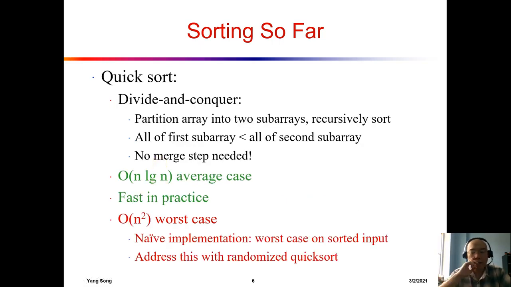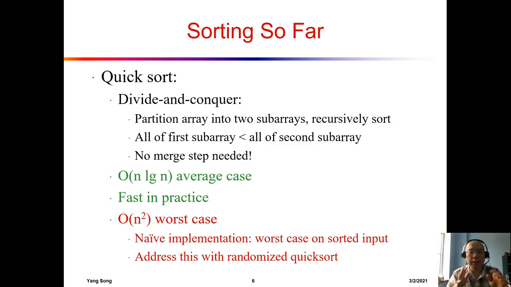So that's the reason we say the quicksort is the better one. Okay, and then we have the quicksort, and for the quicksort we are using a divide and conquer mindset, and then we introduce another concept called the pivot. Using the pivot, we want to separate all the values into two parts, and that's called the partition process. When we are doing the partition, we have the lower half, those are the values smaller than or equal to the pivot, and then we have the upper half, those are the values greater than or equal to the pivot.